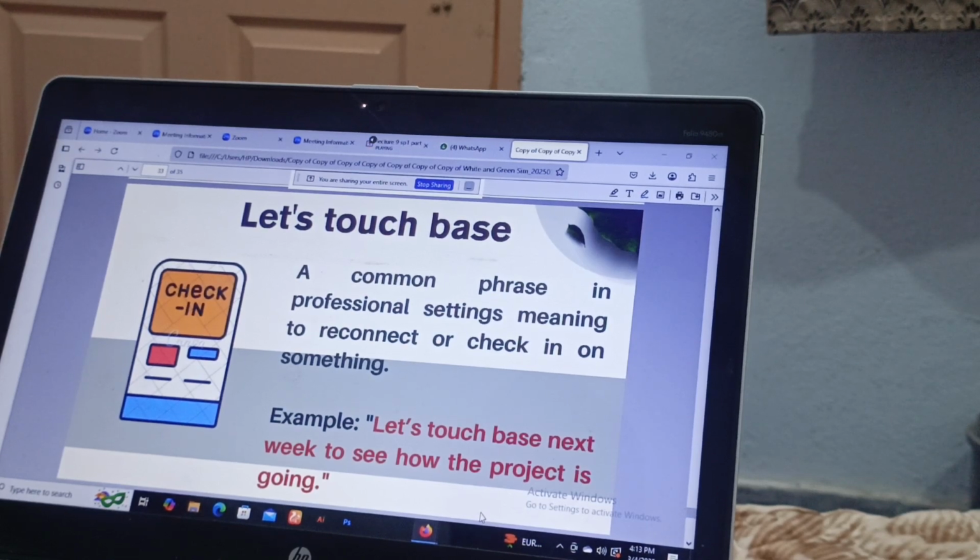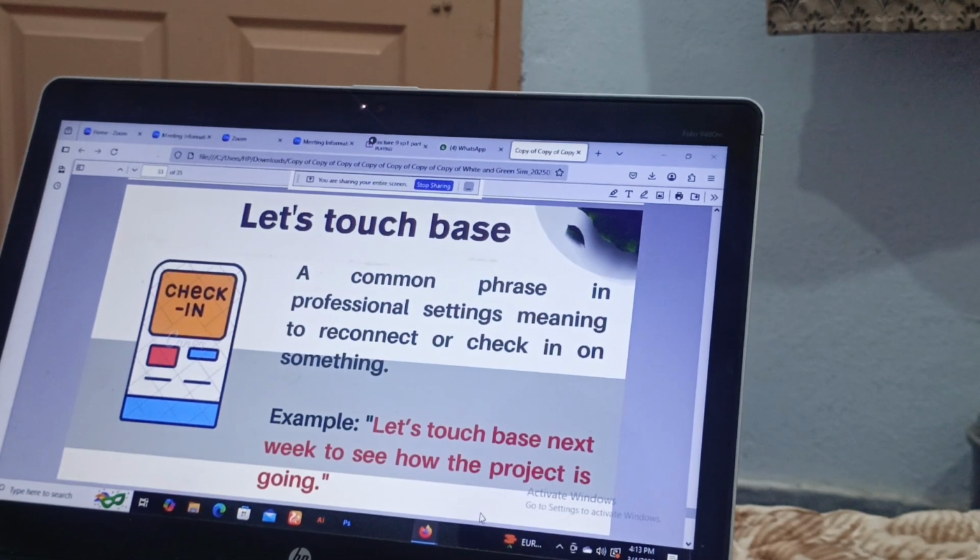So going over something again, all together, and reconnecting on that specific project, work, or campaign, that's basically known as touch base. There's a base and you're going over it again and you're touching it. It's in that sense. Yes, I now understood.